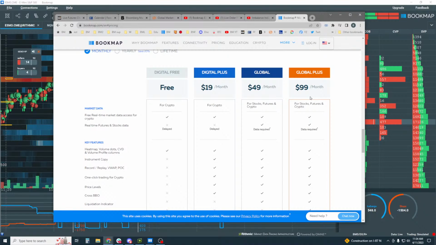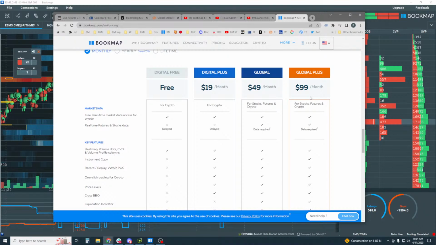For futures, it depends. If you're just trading the stock indexes, you only need CME. You can get that from Rithmic through our Bookmap marketplace for $39. So if you're interested in just the basics, it would be $40 for Rithmic and $50 for Bookmap Global. You're up and running for $90 or $88 basically.